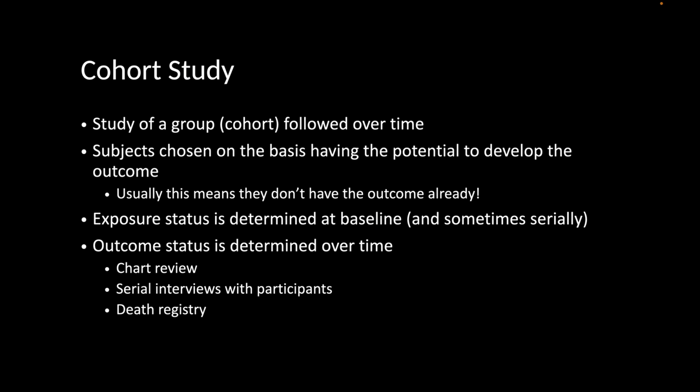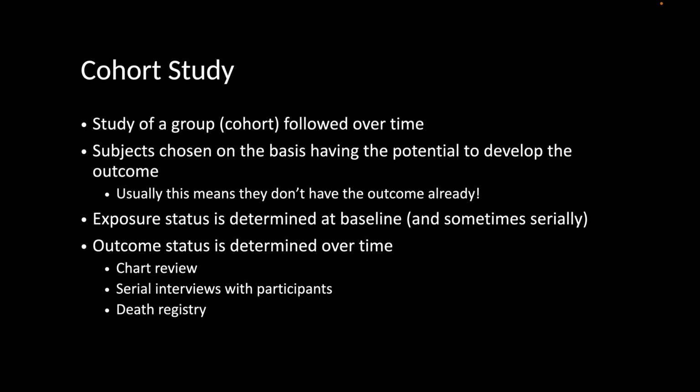And there are a variety of ways of measuring outcomes. You can just do chart review. If it's a group of patients for whom you have electronic medical records, you could see over time who eventually gets the diagnosis added to their chart. A more elaborate and actually better way to do this, which involves more person time, is to do serial interviews with your subjects, say every 6 months, call them up or bring them in, do a physical exam, ask them a bunch of questions, and then confirm who has a diagnosis and who does not.